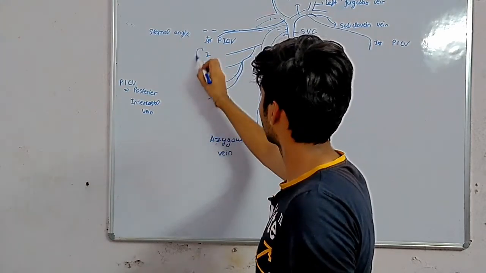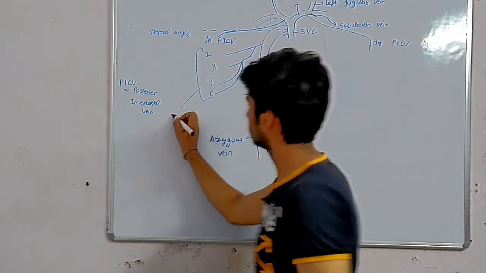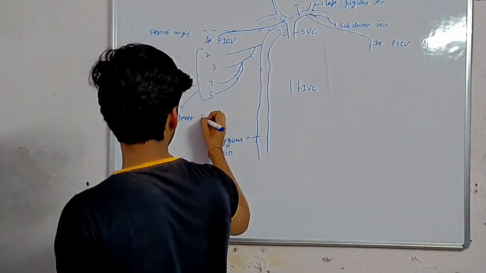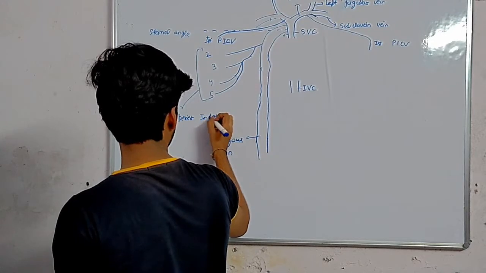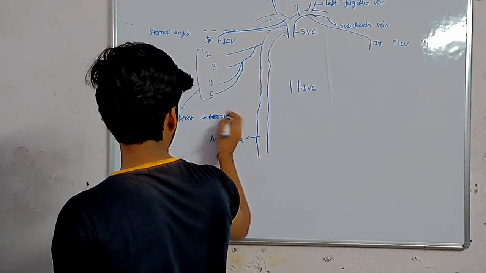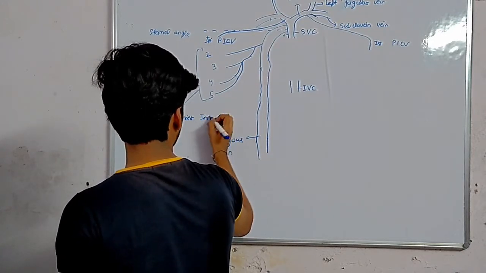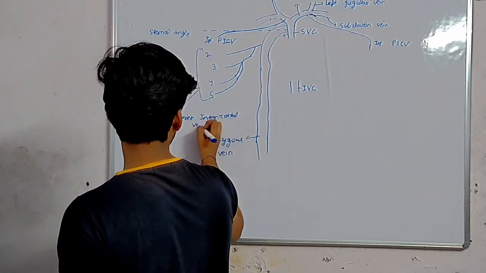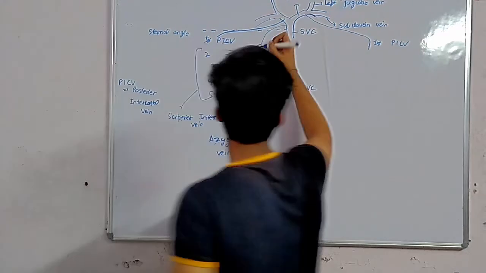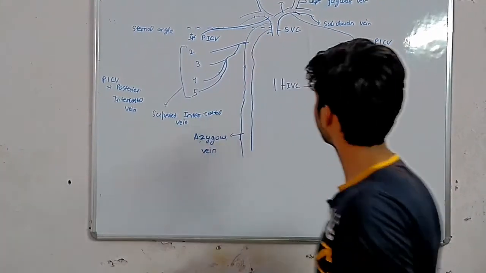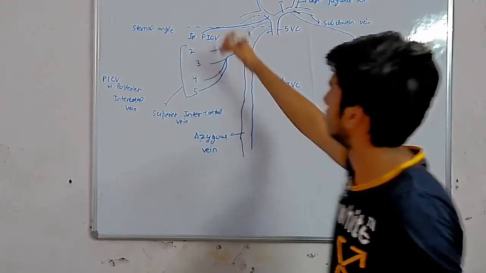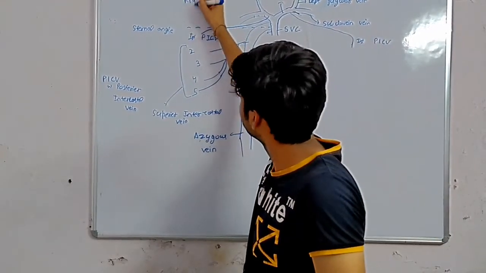This is called the superior intercostal vein, which drains into the azygous vein. Then second, but in left, this is the right side. This is the case of the right.